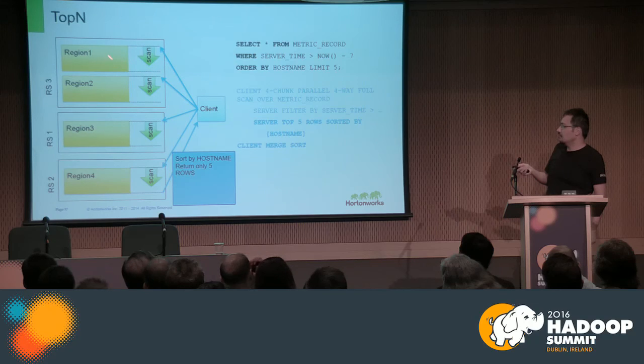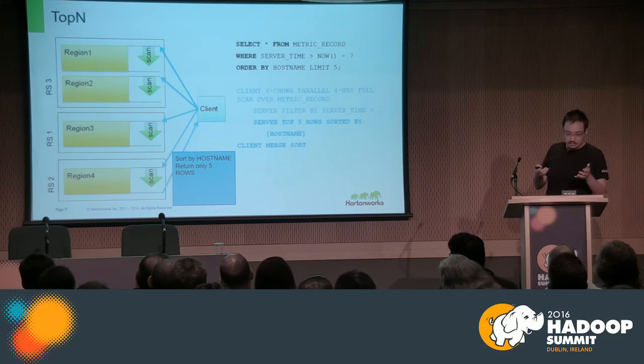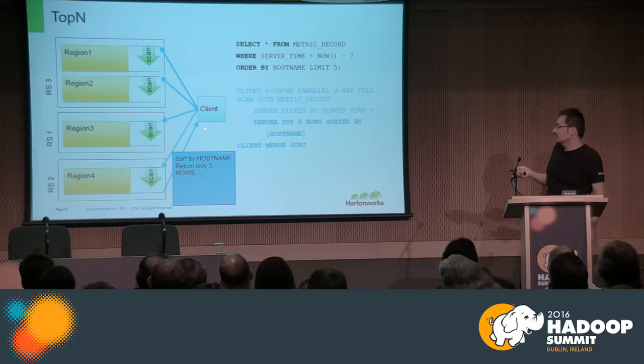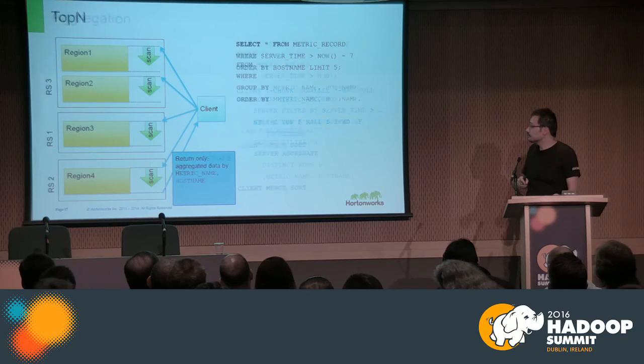So every scan result, instead of returning all the data that matches, will do the sort and only return the top 5 rows from every region. So the client receives 20 rows in total. It does a merge sort from all of these results, and then it will give out only the top 5 matching, which is the most efficient way you can execute this query, right?